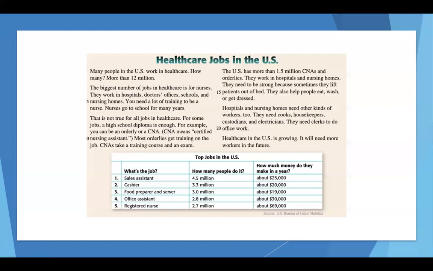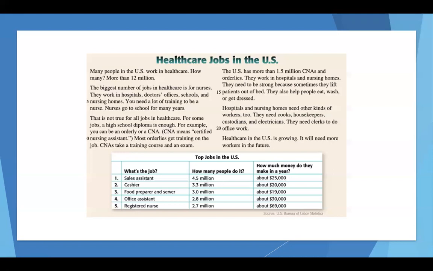For some jobs, a high school diploma is enough. For example, you can be an orderly or a CNA. CNA means Certified Nursing Assistant. Most orderlies get training on the job. CNAs take a training course and an exam. The US has more than 1.5 million CNAs and orderlies. They work in hospitals and nursing homes.